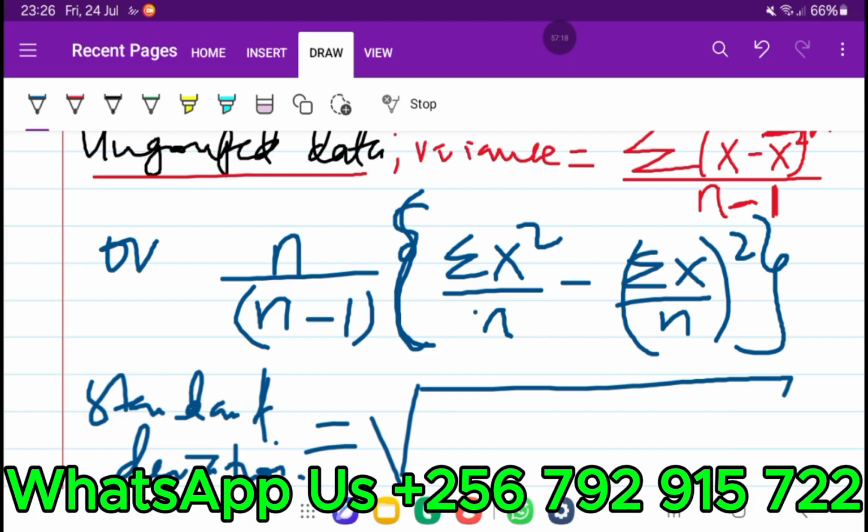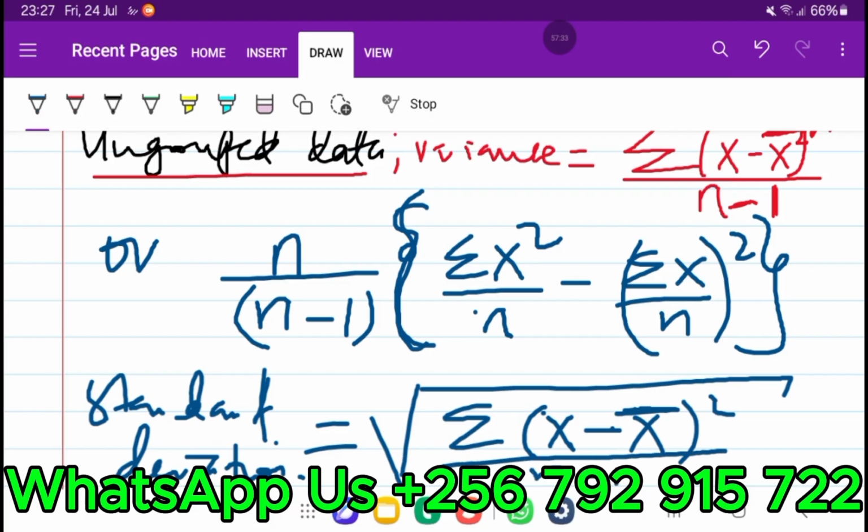Now we put everything, maybe summation x minus x bar bracket squared over n minus 1, the whole of that under the square root. So that is the standard deviation, or you can call it sigma. I'm not using complicated letters because I know you are not a mathematician, but even if you just write the whole word, it will be fine.